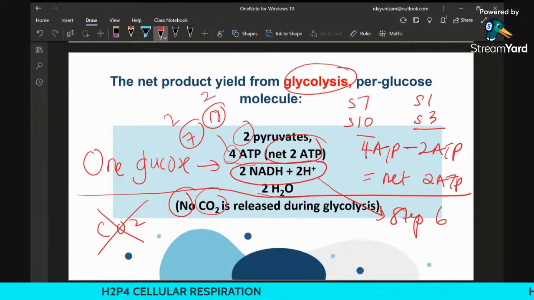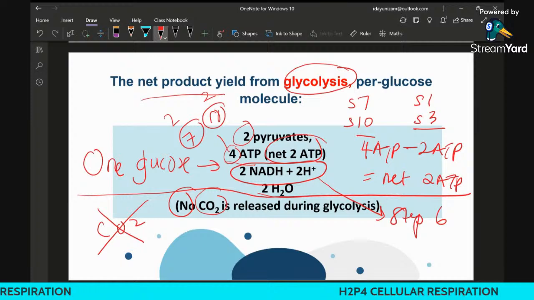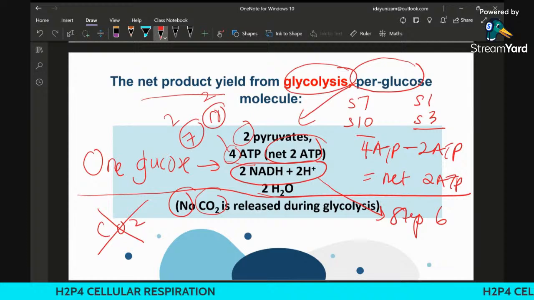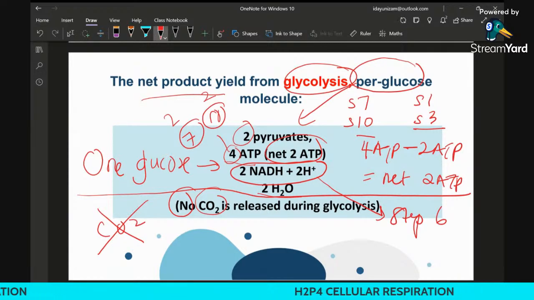So if the question asks for the net product yield from glycolysis from one glucose, the answer is: 2 pyruvate, net 2 ATP, 2 NADH plus 2 H plus, the electron carrier, and also 2 water molecules.